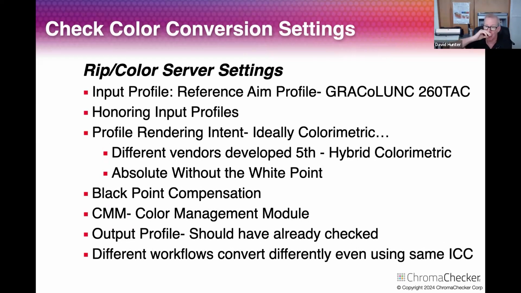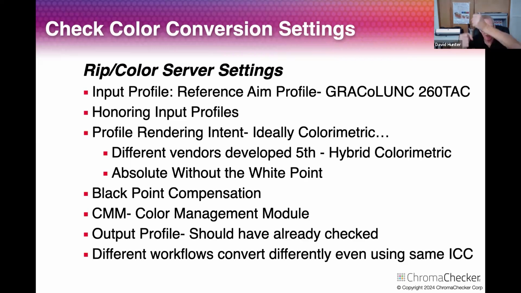They were using the regular Grackle uncoated profile. So does that make a difference? Well, I brought the Grackle uncoated 260 tack into ChromaChecker profile inspector, compared it to the Grackle uncoated profile, and they were like a 0.9 difference. So yeah, there's an error there, and this error stacks.